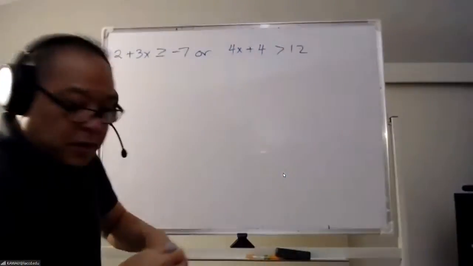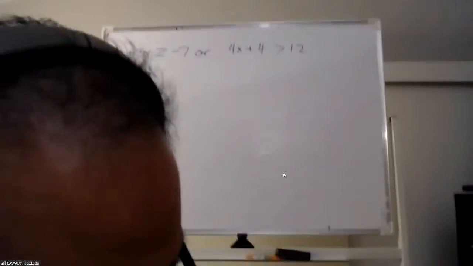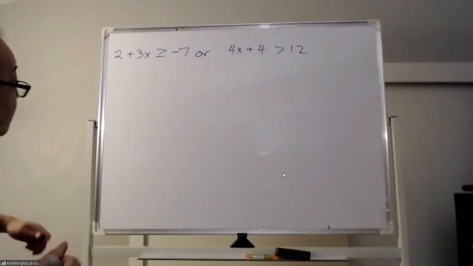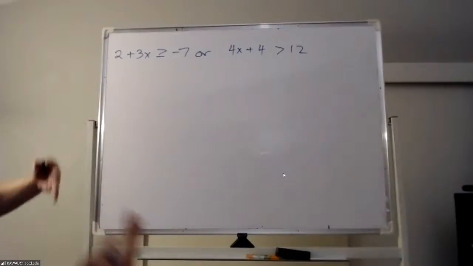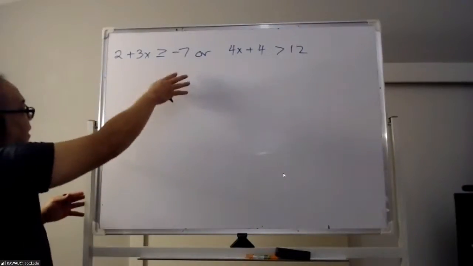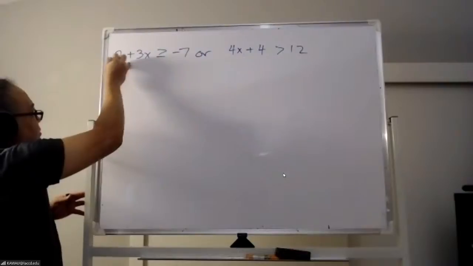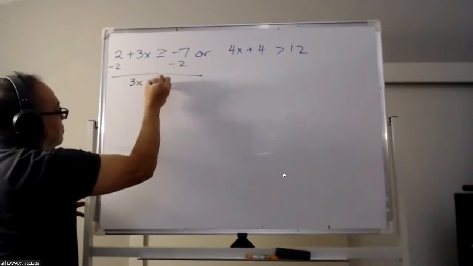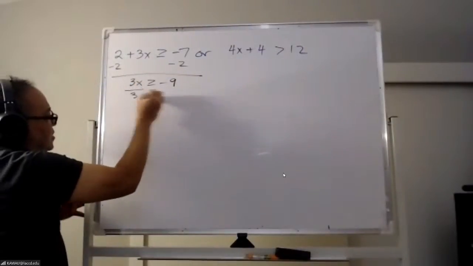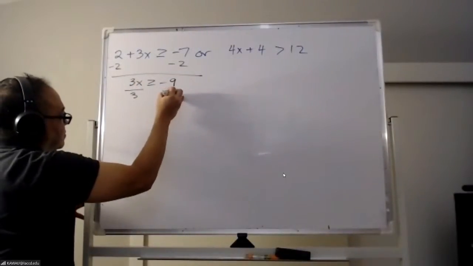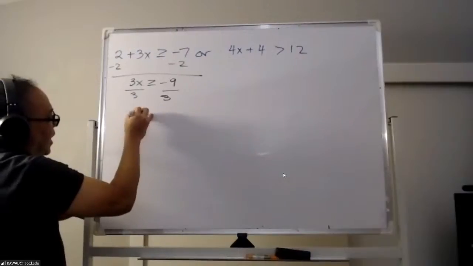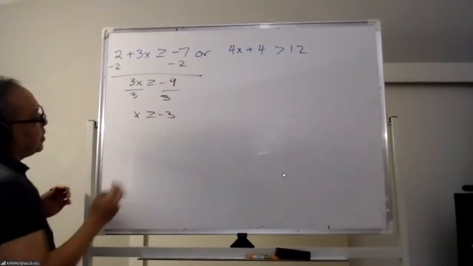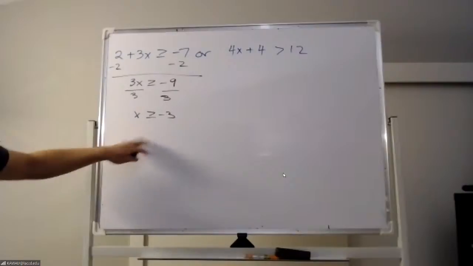So this was what I was going to go over tomorrow, but it's easy to do right now. What we want to do is simplify these inequalities. So I'm going to subtract 2 from both sides, and then divide both sides by 3, and I'll get x is greater than or equal to -3. That's my first half of the problem.